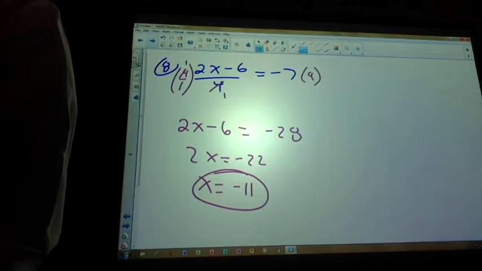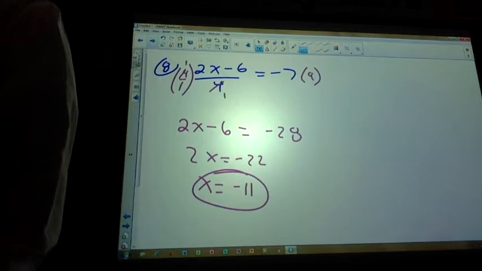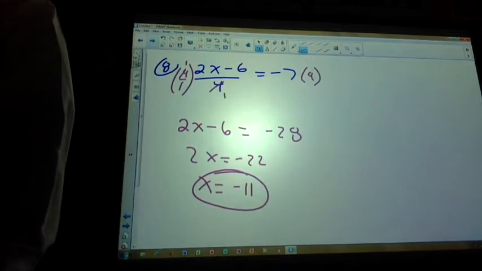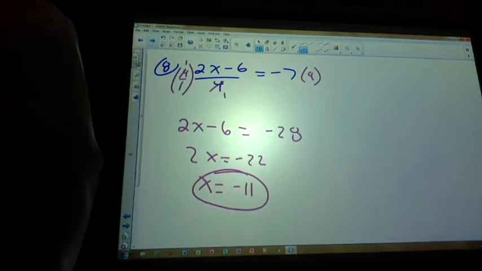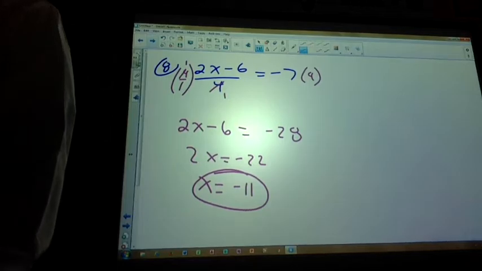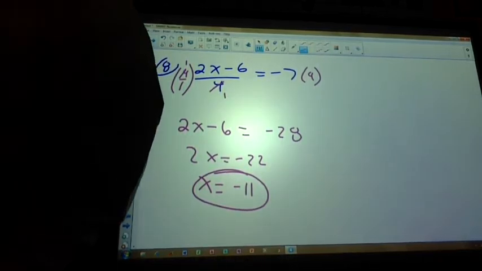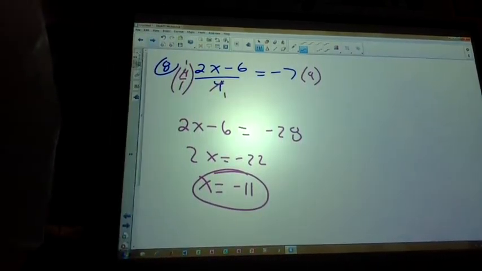Following me? 24 times 2/3: 3 goes into 24 8 times, 8 times 2 is 16, so I get 16x. And then 8 goes into 16 twice, and then 2 times 24 is 48. You all right? So you just do the same thing but with a bigger number.